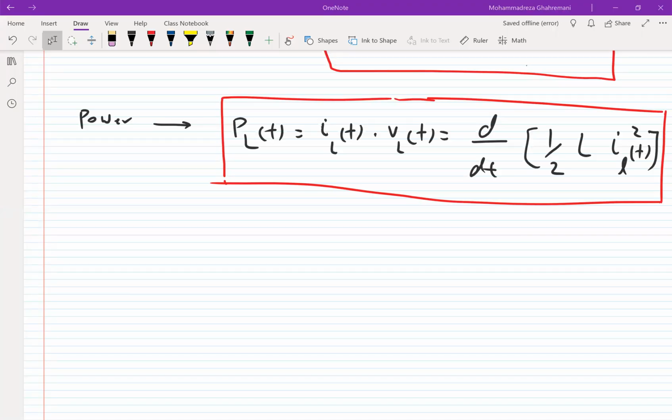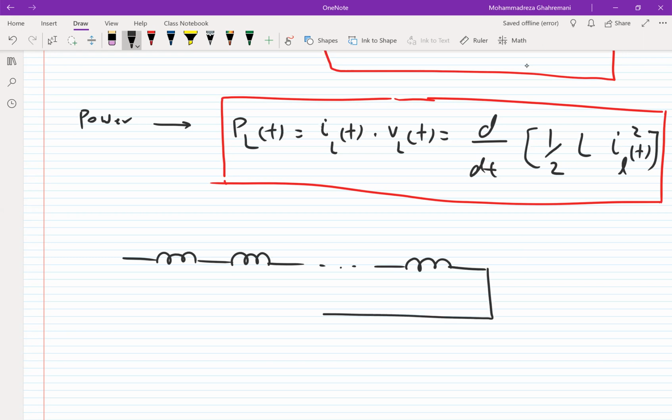What about the equivalent inductance, like what we saw in resistors and capacitors? For inductors, we have equivalent inductance. Let's assume we have N inductors connected in series, L1, L2 up to Ln.